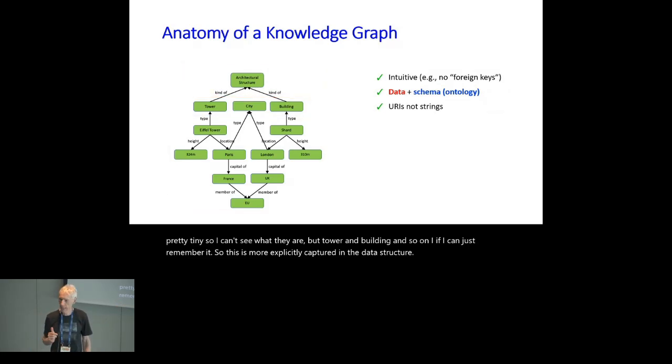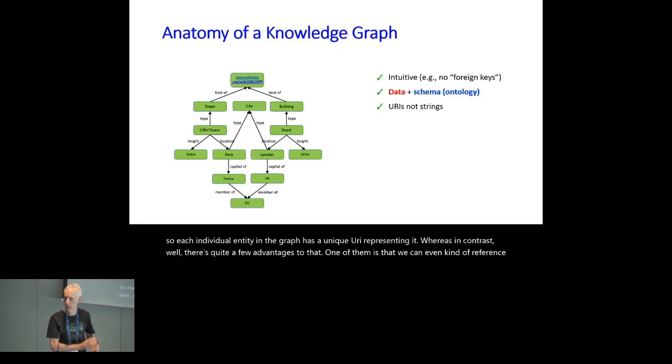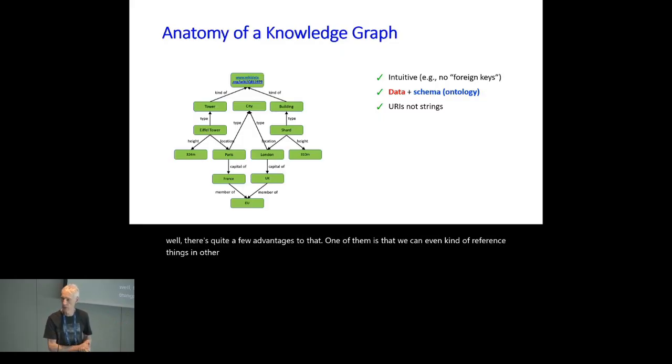The other thing is that in the knowledge graph, we're typically using URIs to explicitly refer to things, so each individual entity in the graph has a unique URI representing it. There are quite a few advantages to that. One of them is that we can reference things in other knowledge sources.